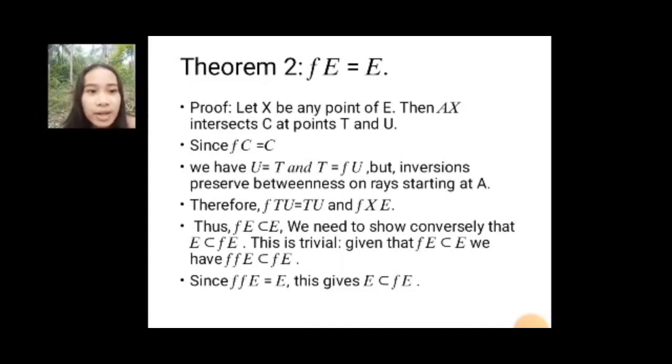This is trivial. Given that FE is a subset of E, we have FFE is a subset of FE. Since FFE equals E, this gives E is a subset of FE.